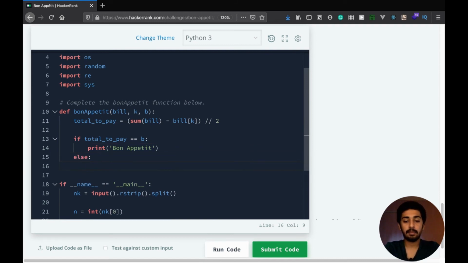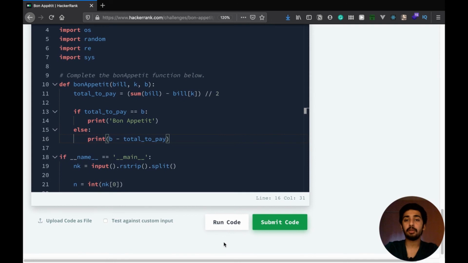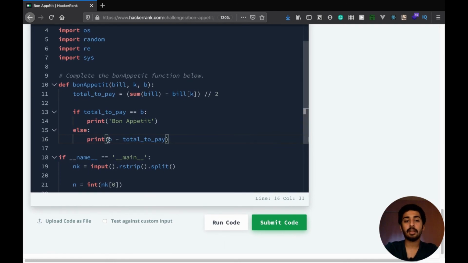Else we need to print b minus total_to_pay, because if you remember, we had to print how much Brian has to refund to her, and that is the amount she's paid minus the amount she needed to pay, because the amount she's paid will be equal or more than that. And if you want to be more careful about this, you could use abs around this, so whichever number is greater, you'll still get a positive answer.